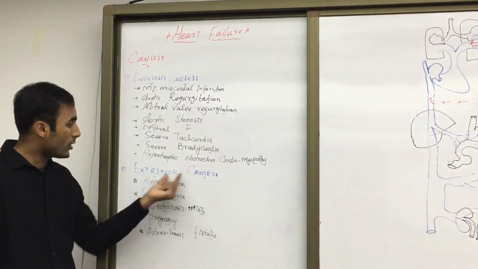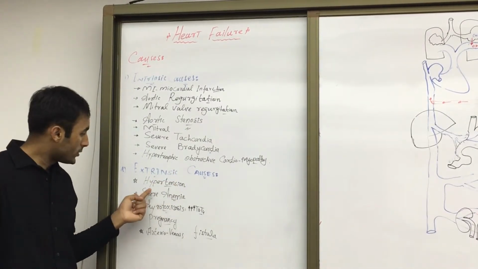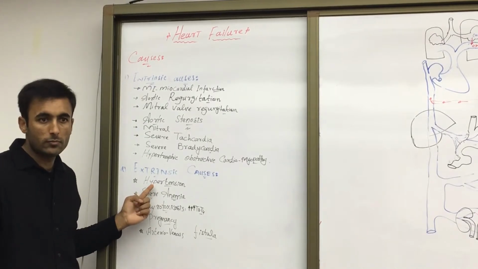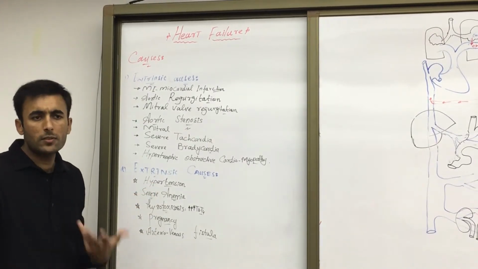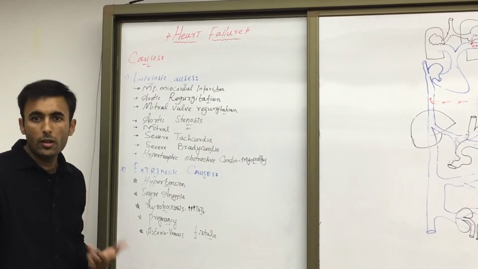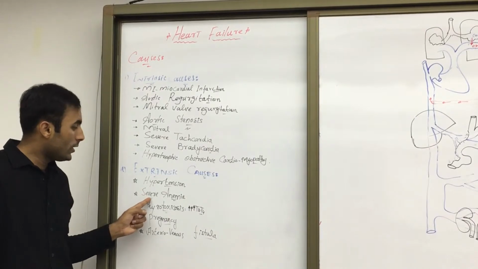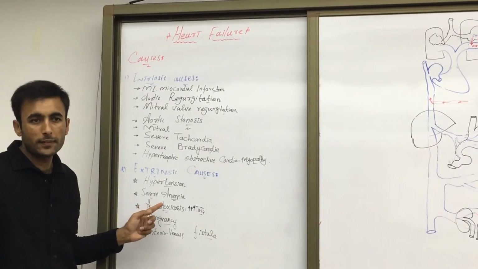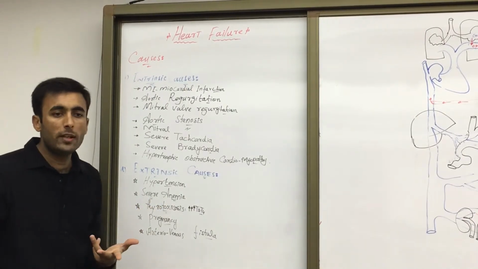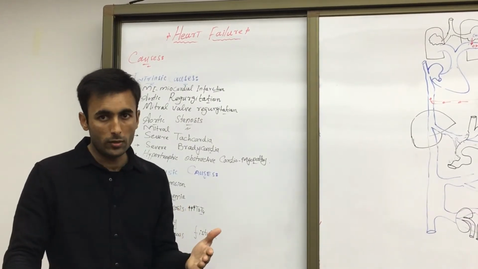Then we studied extrinsic causes. Number one and the most important is hypertension, when the patient has very severe uncontrolled hypertension. Then there is severe anemia, where the patient's hemoglobin level is very, very low, while the demand of the tissue is normal.